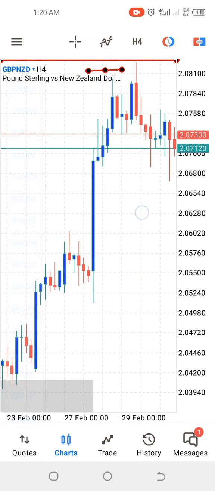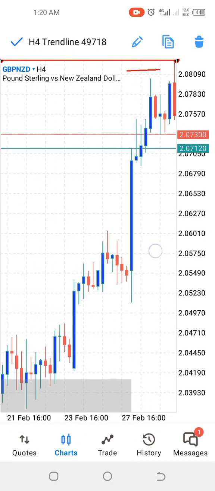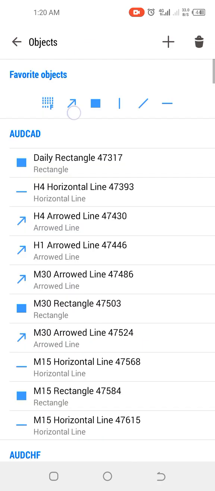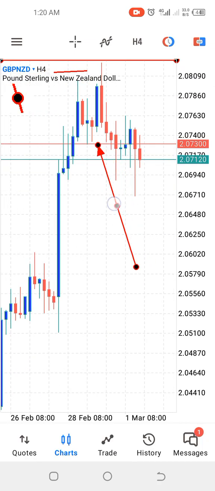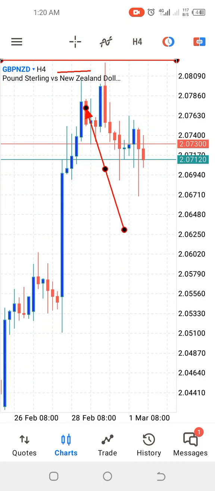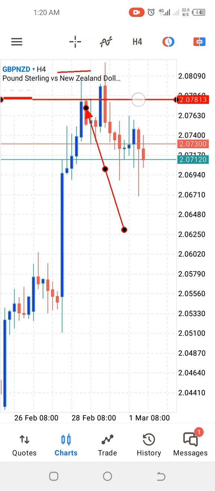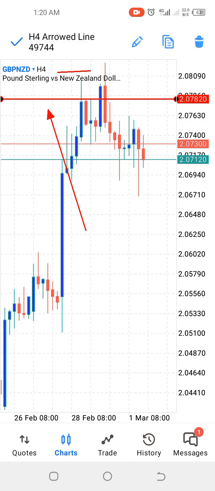So what happened? We had this high, we had this higher low, and what did we have? A liquidation of this high by this bearish engulfing candle. So we can also call it a break of structure, because it broke the structure to the upside and tapped into the strong resistance or strong supply zone.